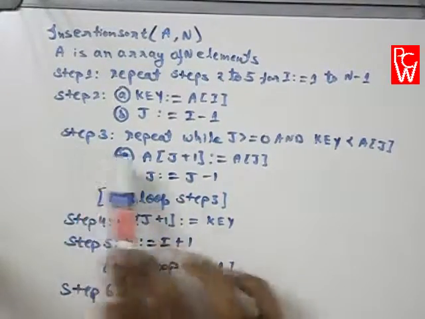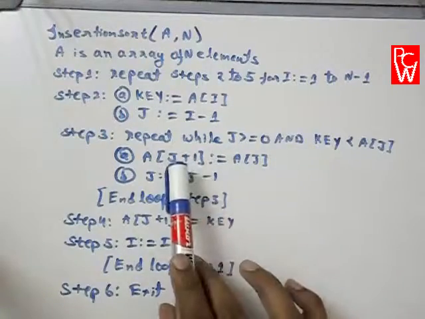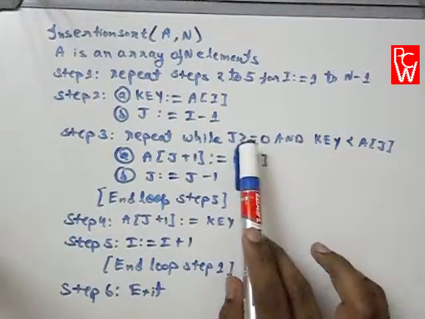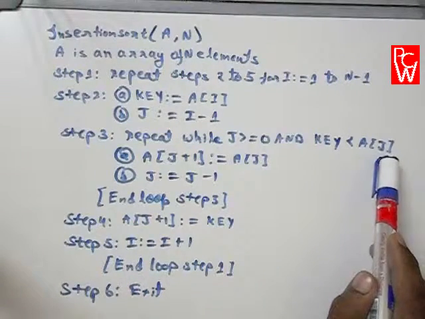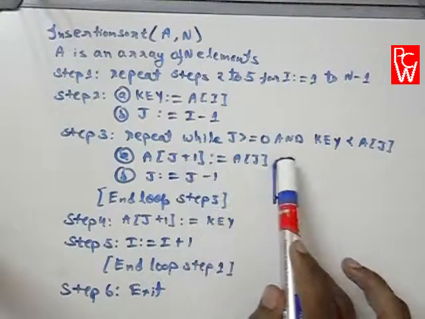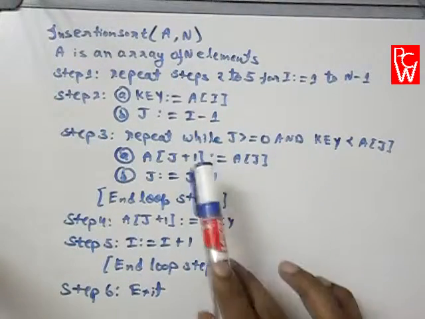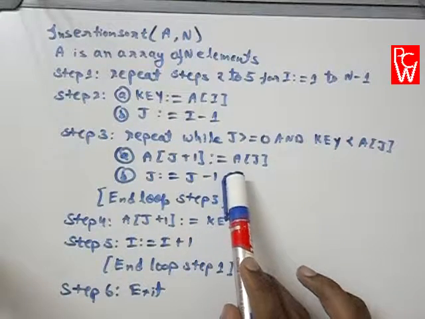Now in step 3 we are checking the condition of while, that is if j is greater than 0 and key is less than the element present on the left hand side, then we are shifting the element towards the right and decrementing the value of j.